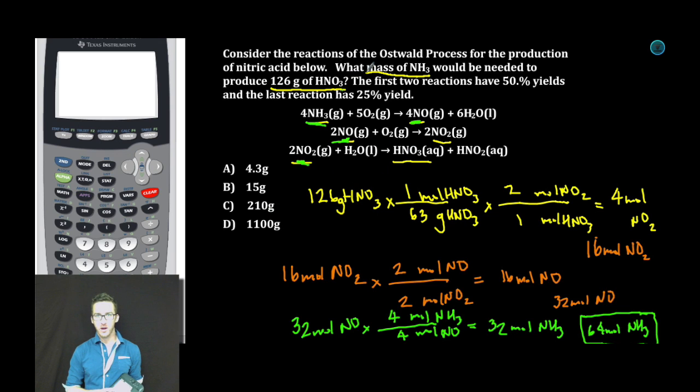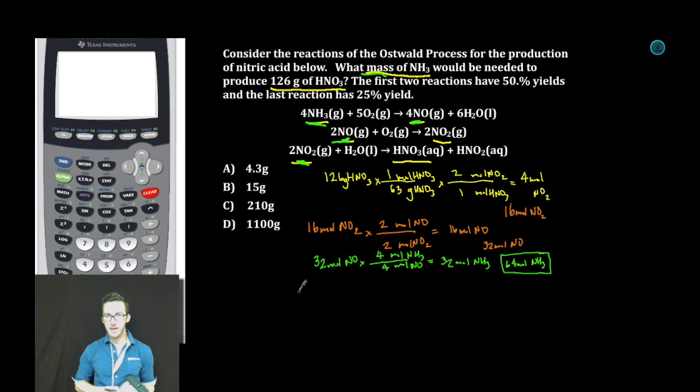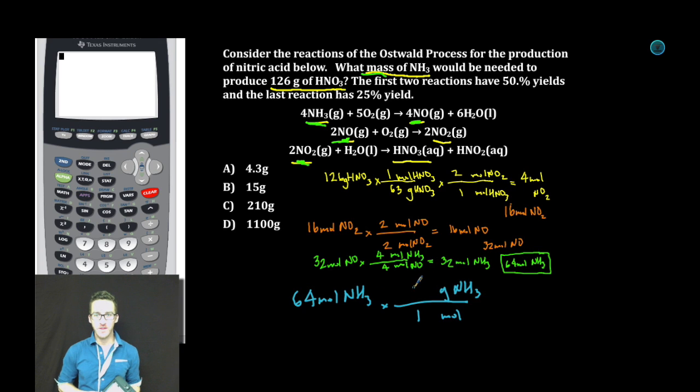We're asked for mass in grams of NH3. So, final step. I know that I need 64 moles of NH3. Each mole of NH3 is about 17 grams.